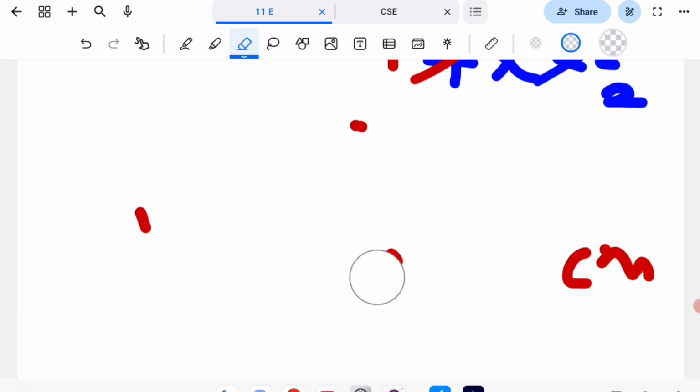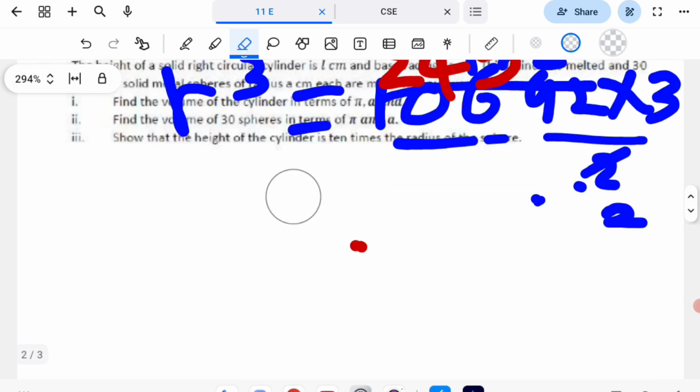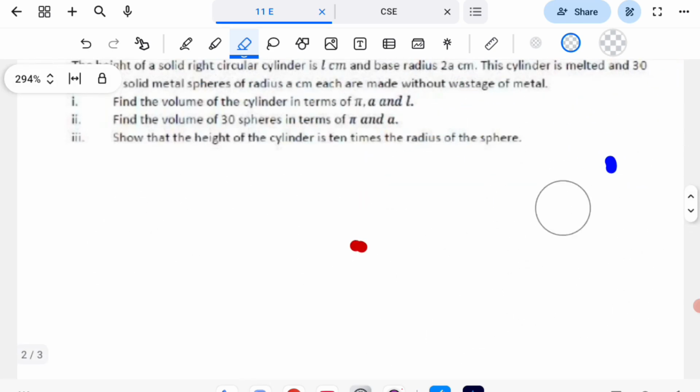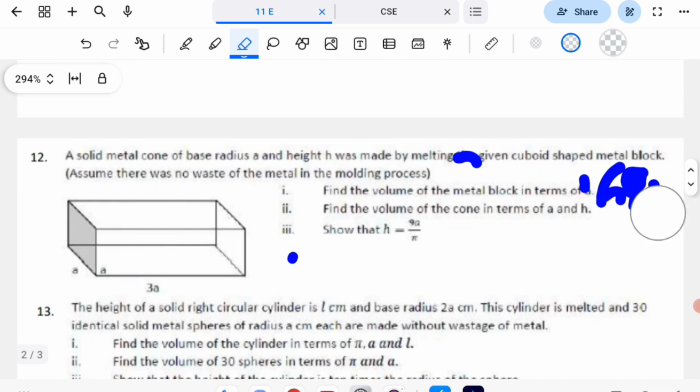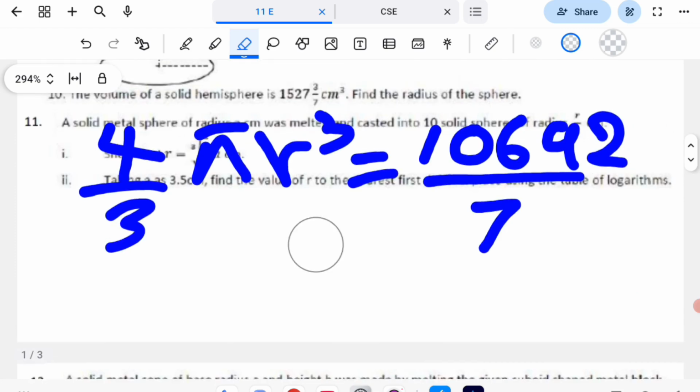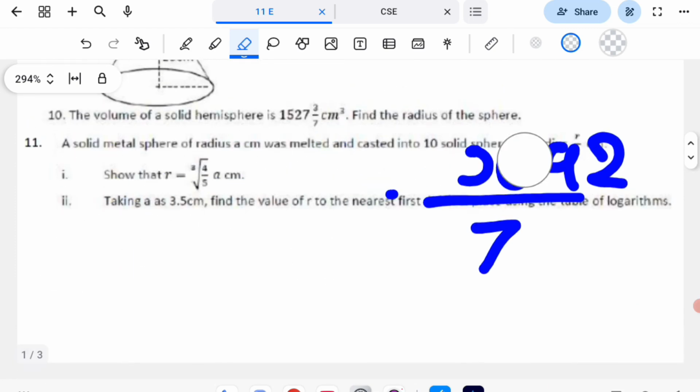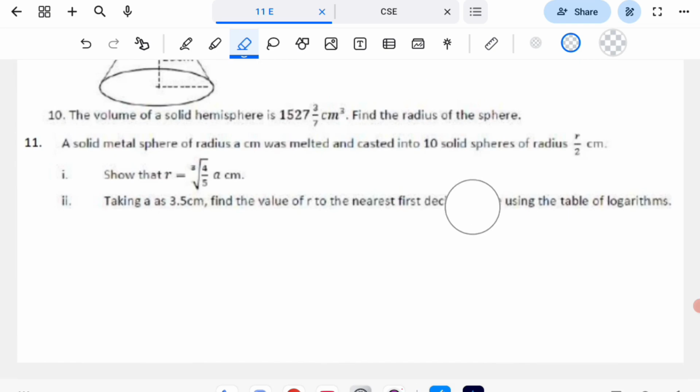Then next question. Question number 11. A solid metal sphere of radius a centimeters was melted and cast into 10 solid spheres of radius r over 2 centimeters. Show that r is the third root of 4/5 a centimeters.